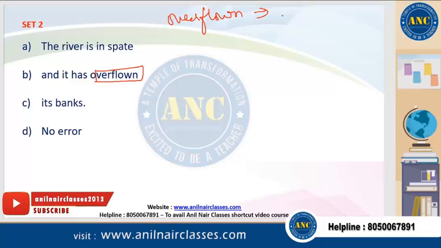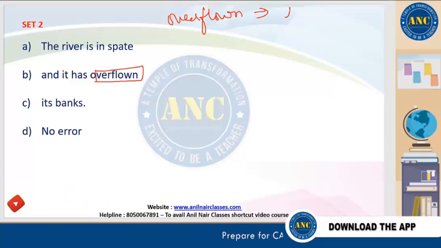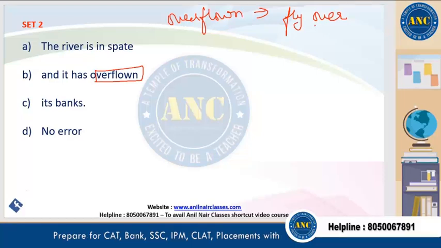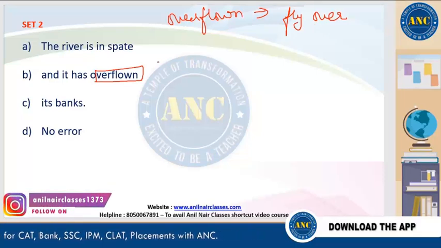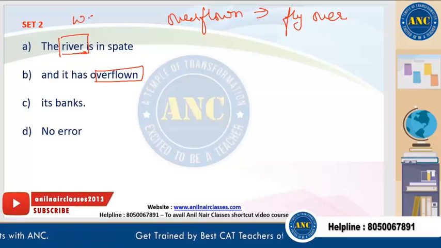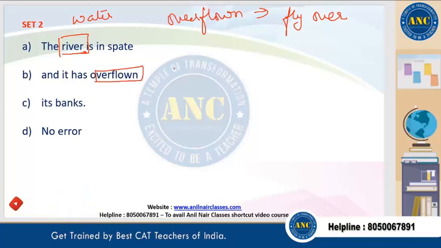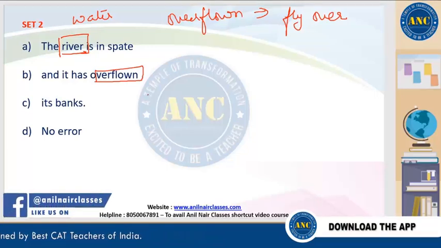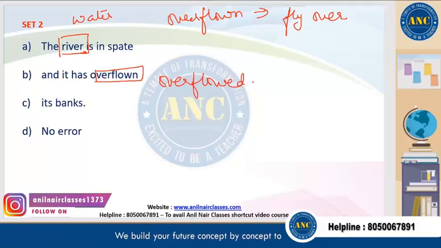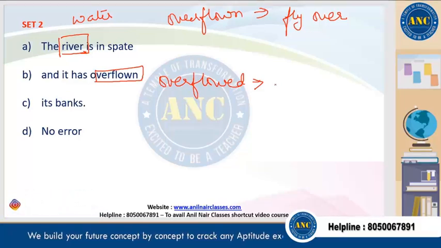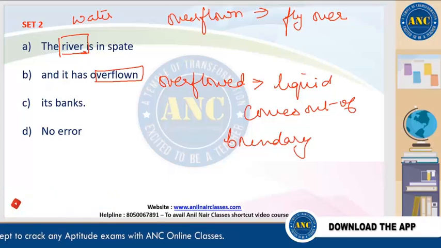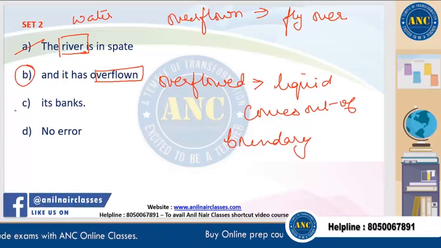When you fly over or fly very high, it is called "overflown". Then when you're talking about water, a river, the water will overflow, right? So it should be "overflowed". When you say "overflowed", the river, the liquid, comes out of its boundary. So the right answer is B. Get rid of A, C and D.